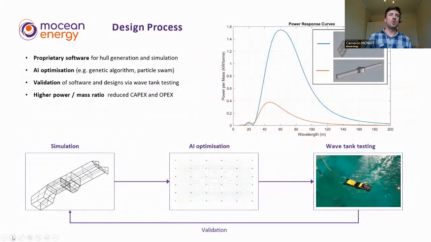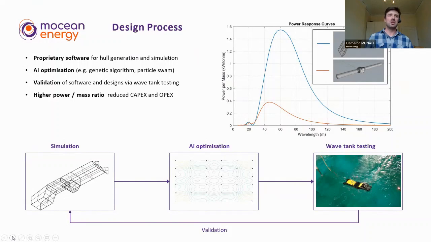A key to our design of wave energy converters is a lot of experience. Between myself and Chris and now our growing team, we've got a lot of built-in experience. We've worked with a really experienced supply chain, but one of the real benefits has been using software.